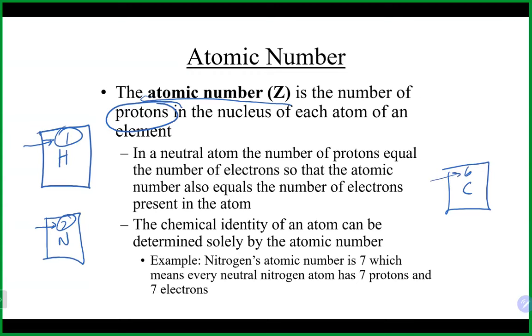So if we look at nitrogen, nitrogen should have 7 protons, which are positively charged. And if it is a neutral atom, it should also have 7 electrons, which would then give us an overall charge of 0, when we have 7 positive things and 7 negative things.